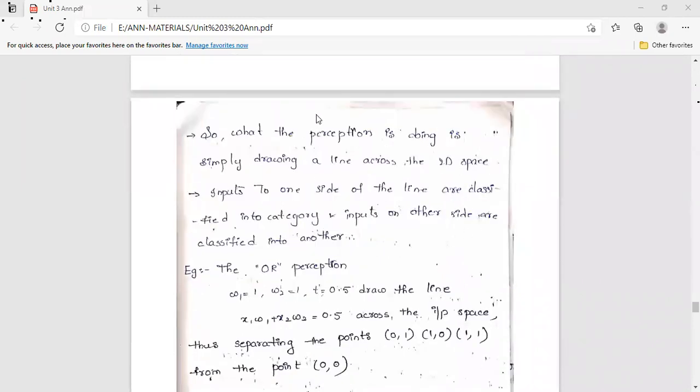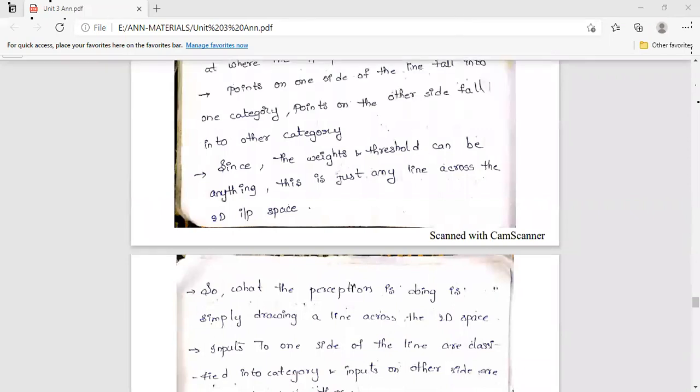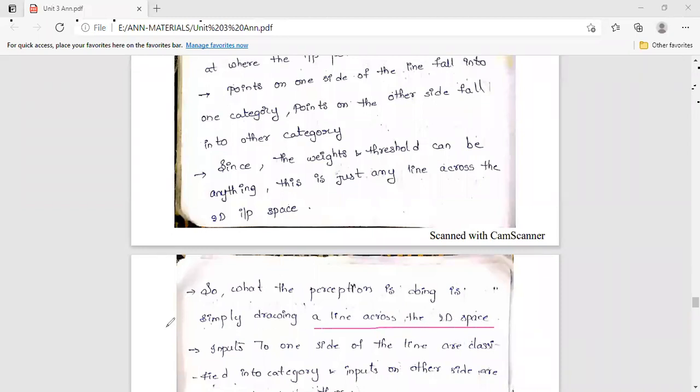What is the perceptron doing here? This perceptron is simply drawing a line across the 2D space based on the given inputs.